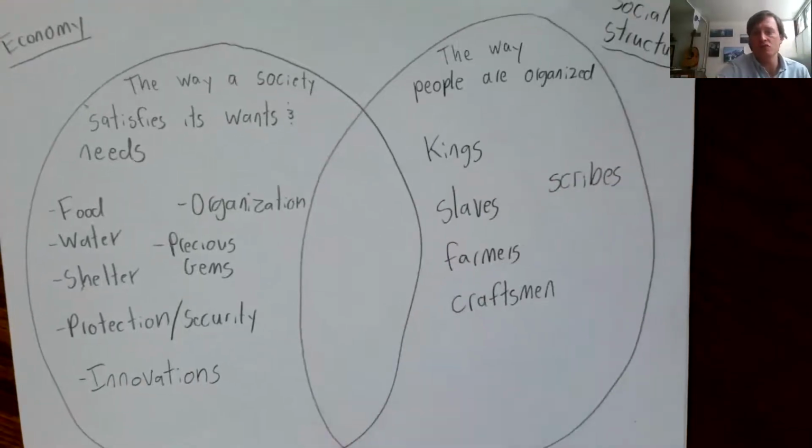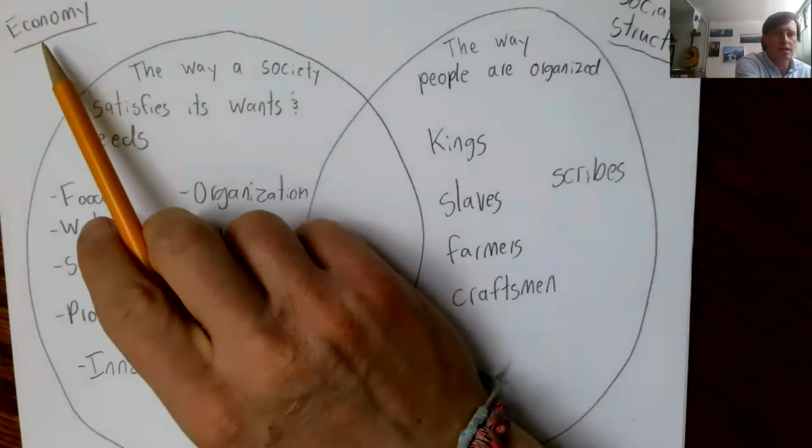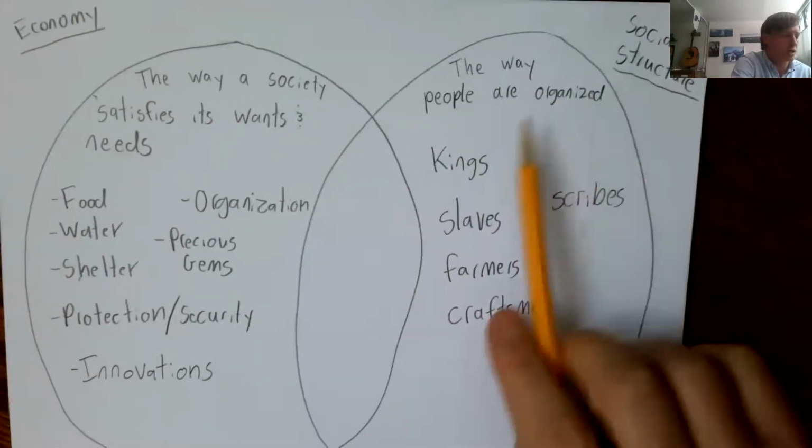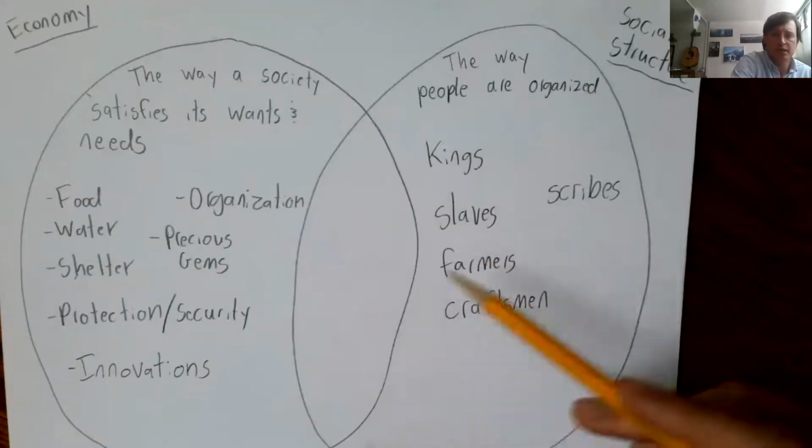All these different types of social classes. And what I want you to start seeing is the connection between economy and social structure. That's what this central area is going to be all about. How are these two connected?